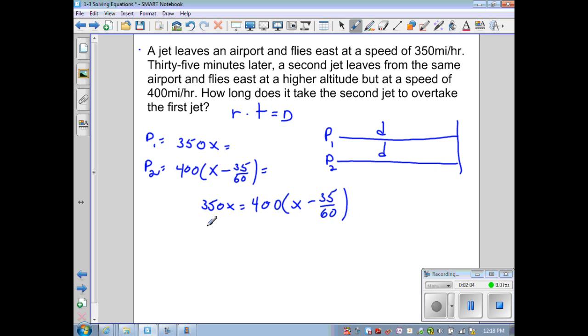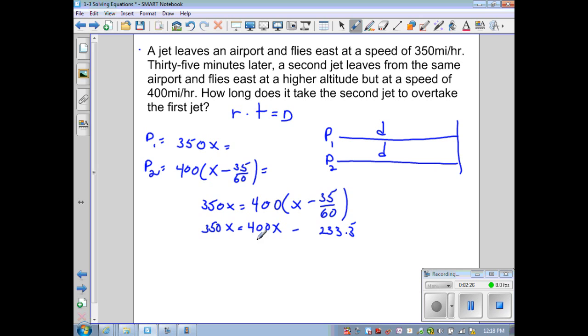Now we can just simplify the problem. 350x equals, using the distributive property, 400x, and then 400 times 35 over 60 is going to give me 233.3 with a bar, and that's a minus sign.